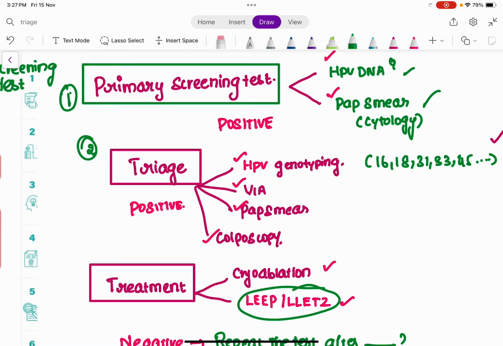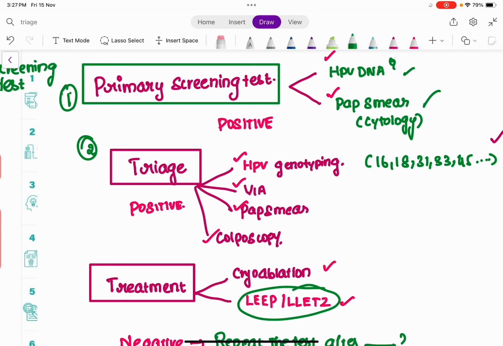So the definition of the see, triage and treat approach is based on the report of the primary screening test and the triage test. If the primary screening test is positive and the triage test is positive, with or without histologically confirmed diagnosis, irrespective of the histopathological reports, you do the treatment only based on the primary screening test and the triage test.